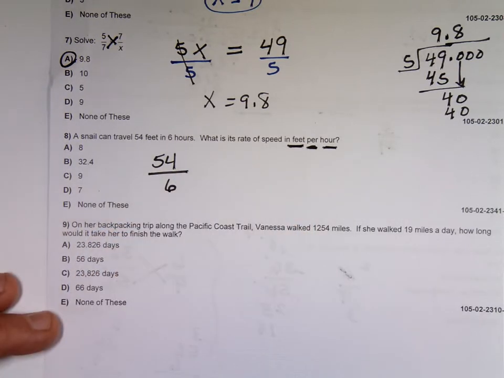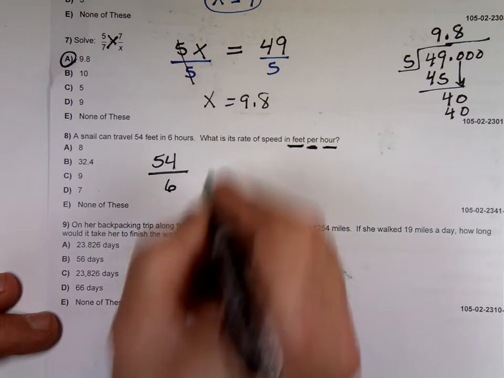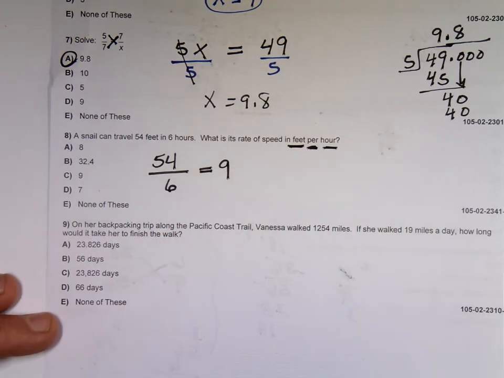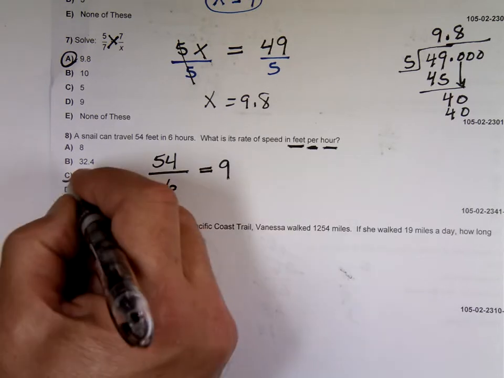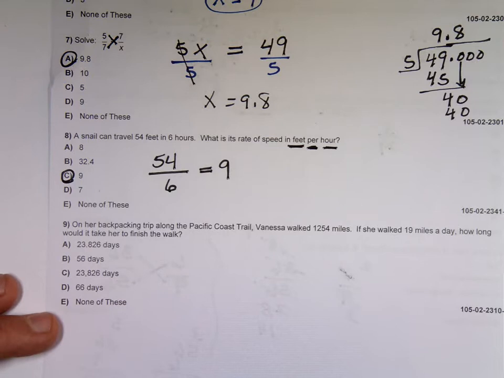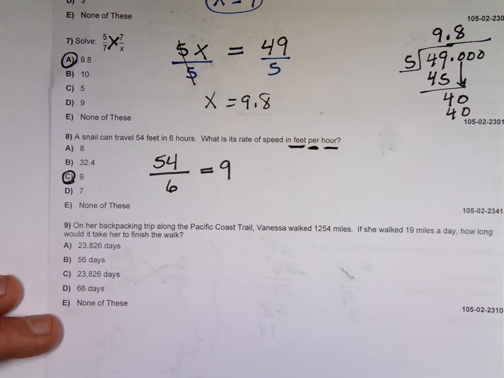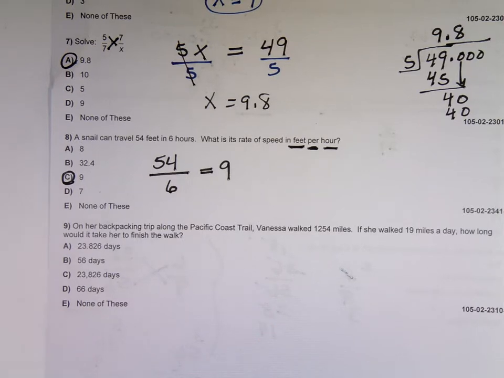And what is 54 divided by 6? Isn't that a 9? So it can only go 9 feet every hour. Basically, to go from this end of the table to that end of the table is going to take a snail 1 hour to do it.